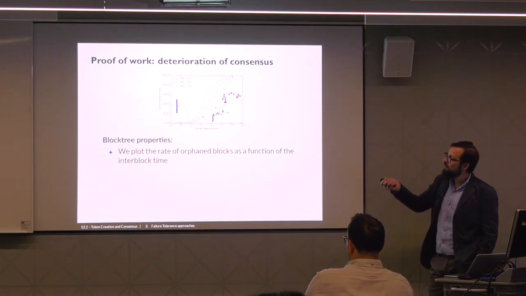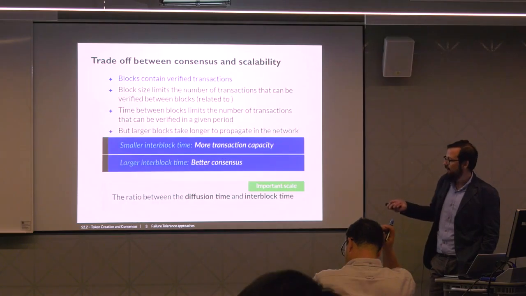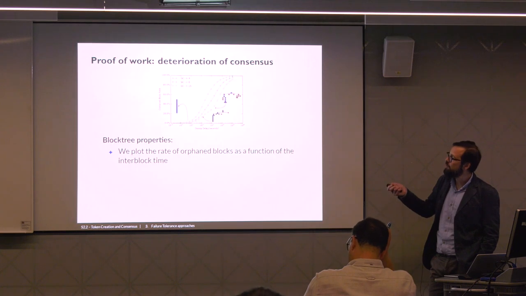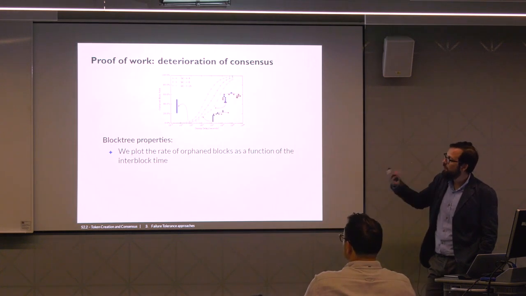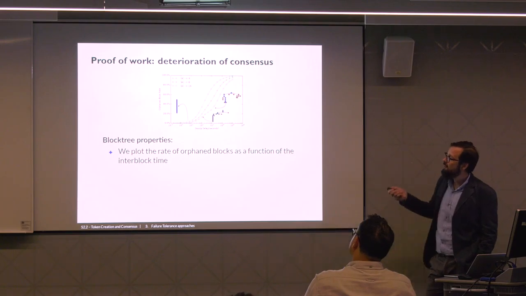What is particularly important is this ratio, diffusion time divided by time between blocks. If the diffusion time is small compared with the time between blocks, you have a good consensus, so you have a blockchain.